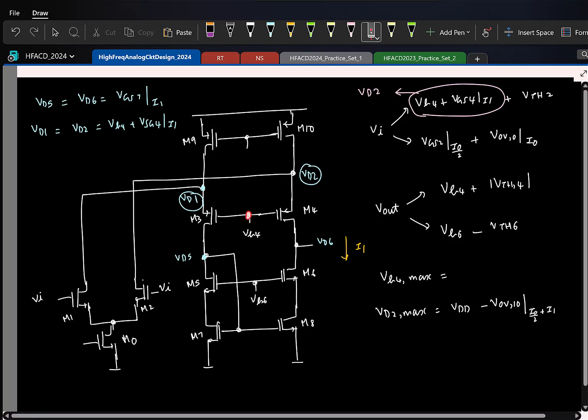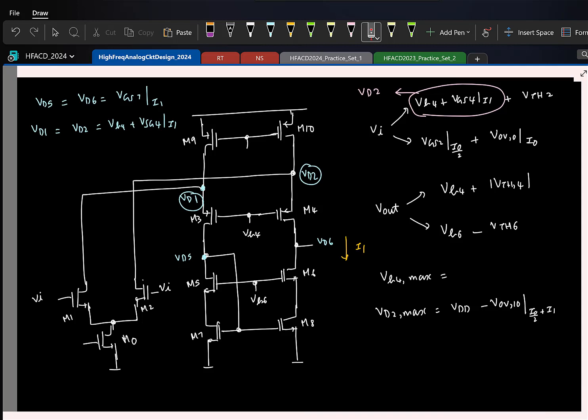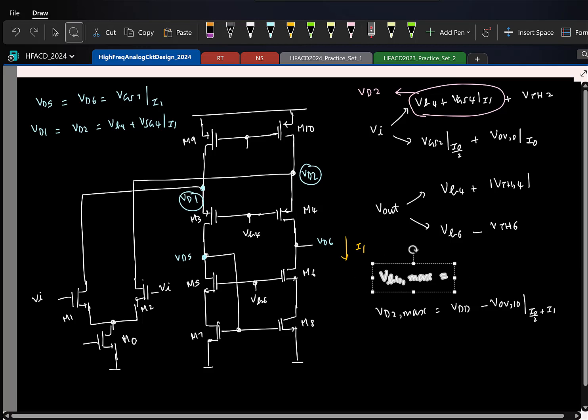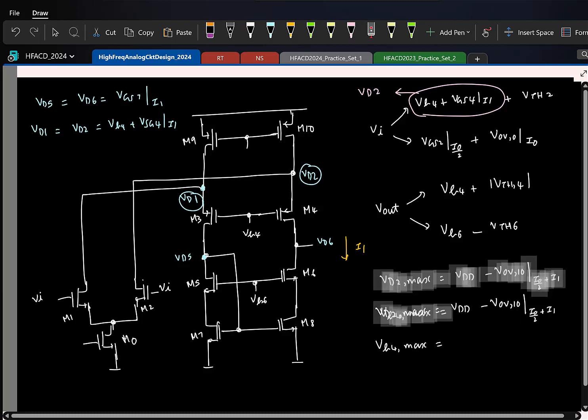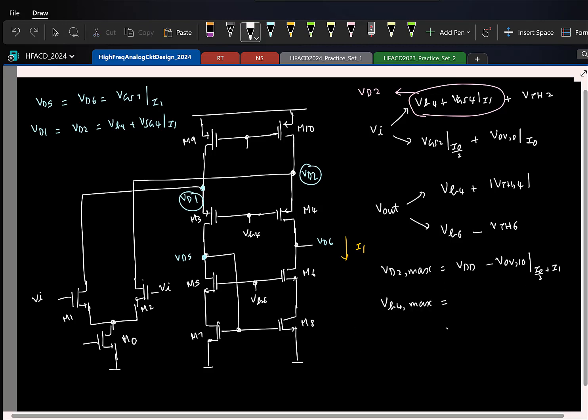So which means what is VB4? Minus? No, this is the source to gate drop, right? Minus? Is that okay? So okay, then I should put it down. VDD minus overdrive of M10 at a current I0 by 2 plus I1 minus VSG4 at a current of I1.